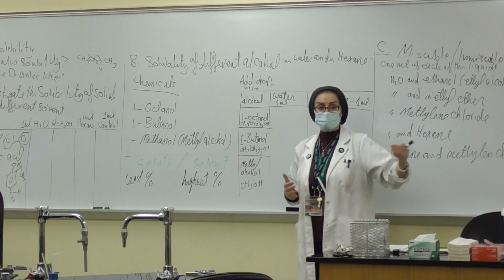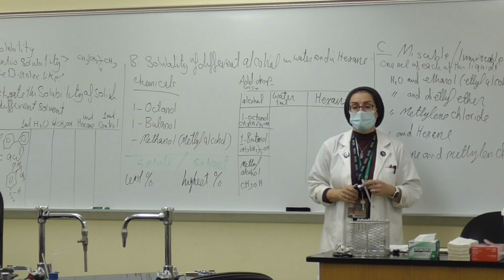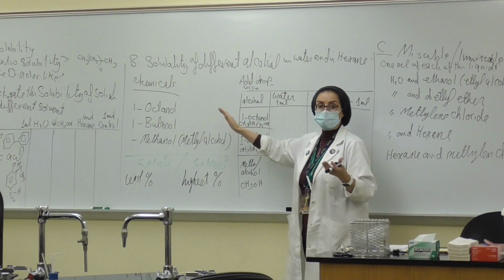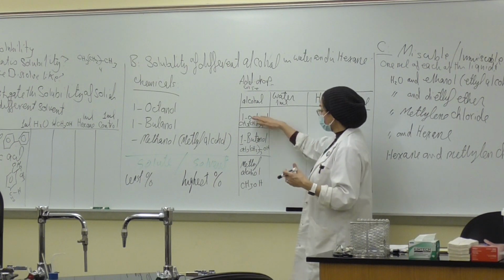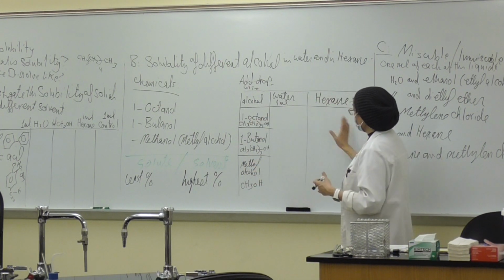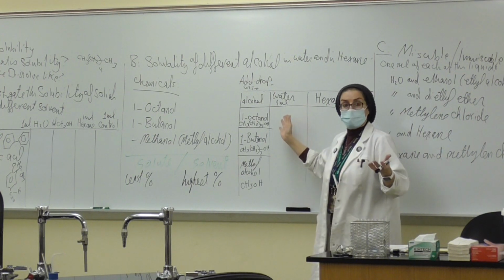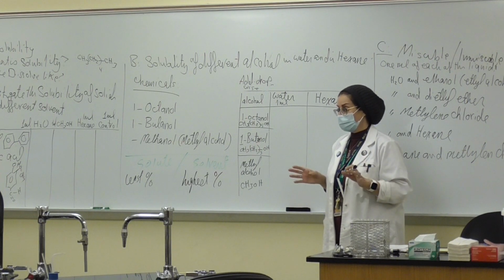When we increase the number of carbon, is it going to increase the effect of the hydroxy group or decrease as we increase the number of carbon? Decrease, right? So we can see between those 2, maybe when we have octanol, it could be non-soluble in water, and that's what you are going to observe today, okay?